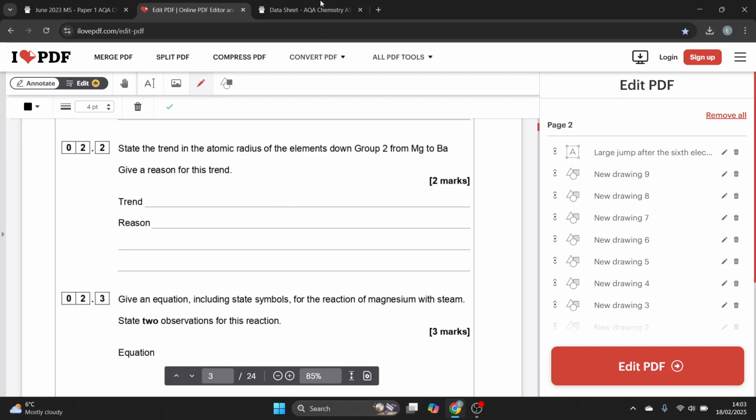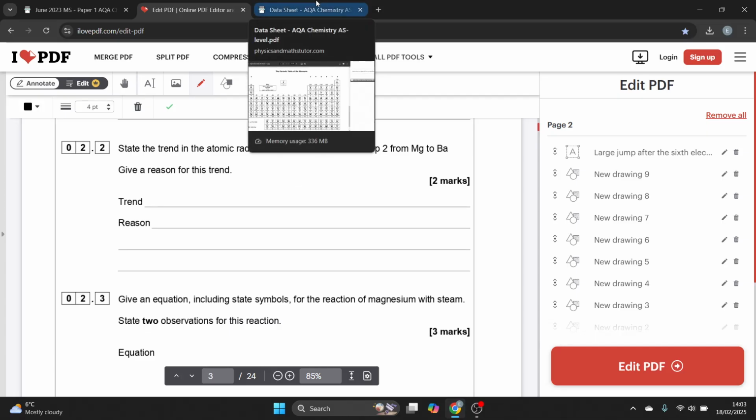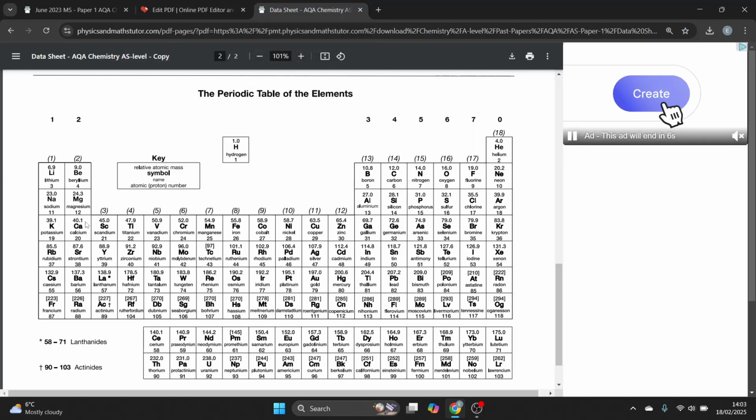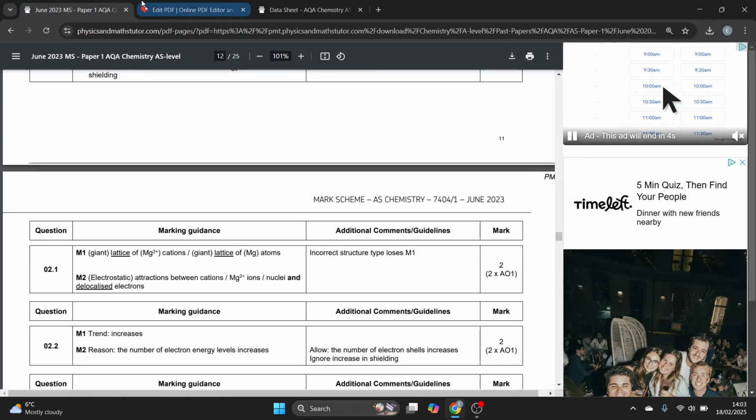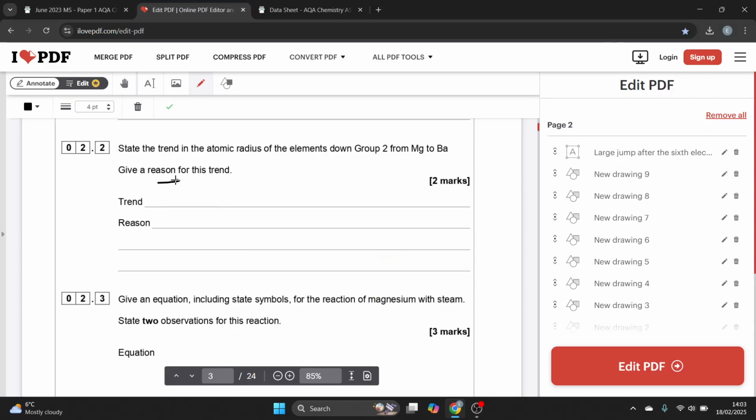Explain the trend of atomic radius of elements down group 2 from magnesium to barium. Going down the group, what happens to the trend of atomic radius? It's clearly going to increase.